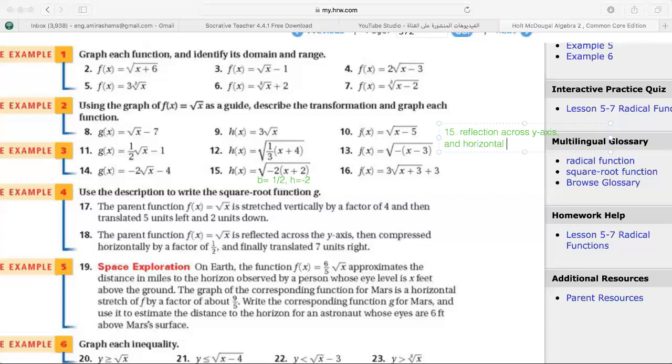Half is less than 1, so it will be horizontal stretch or compression. Compression by a factor of half.